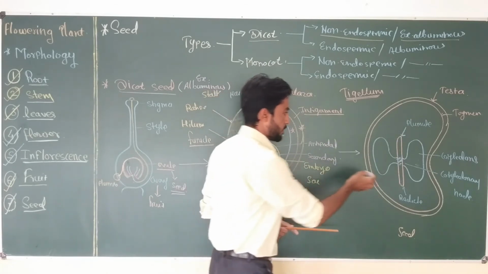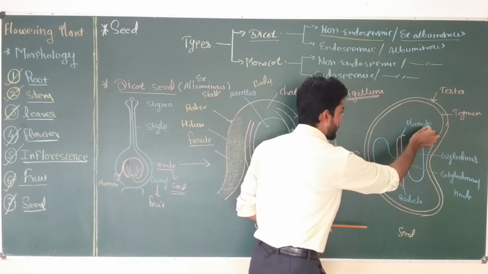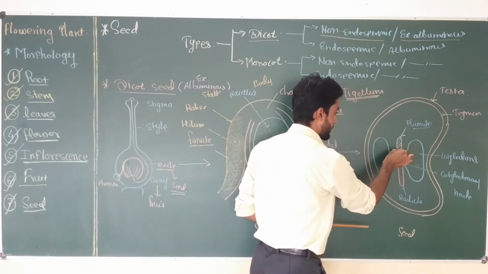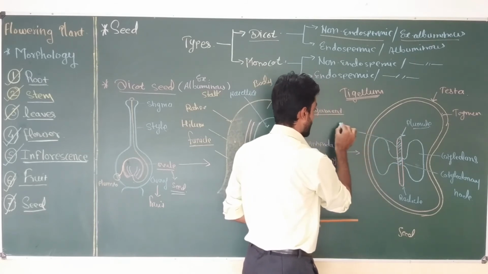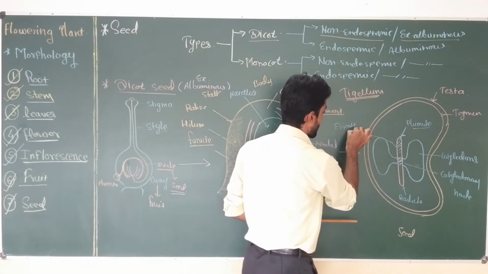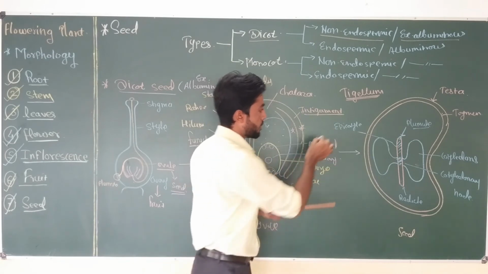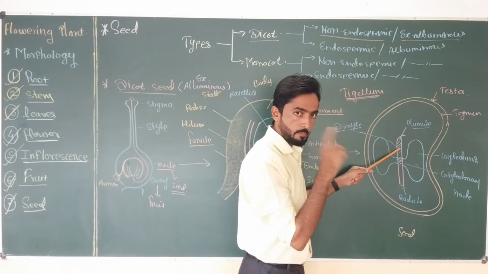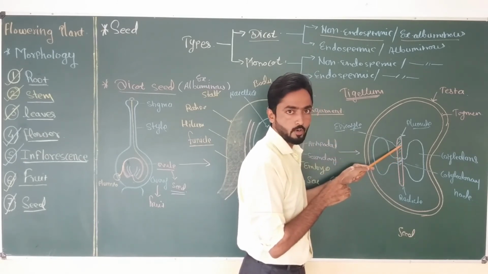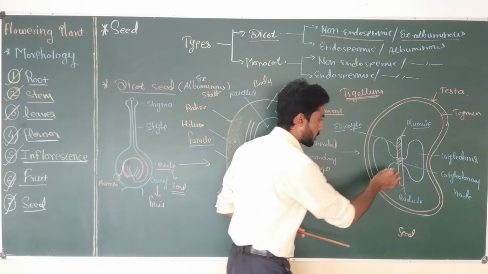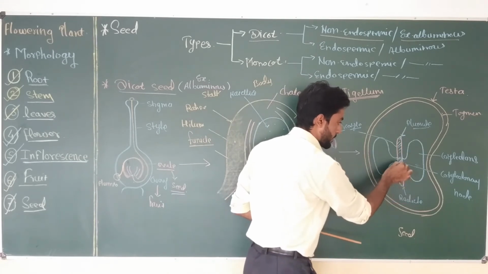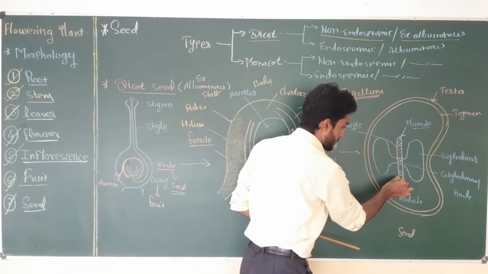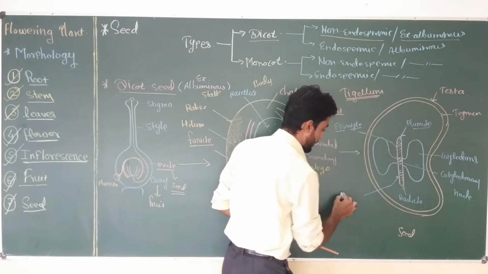And the region of the embryonal axis which is present between the plumule and the cotyledonary node is called epicotyl. Epi means above and cotyle means cotyledon. That means it is present above the point of attachment of the cotyledon on the embryonal axis. Now the region of the embryonal axis which is present between the cotyledonary node and the radicle is called hypocotyl.